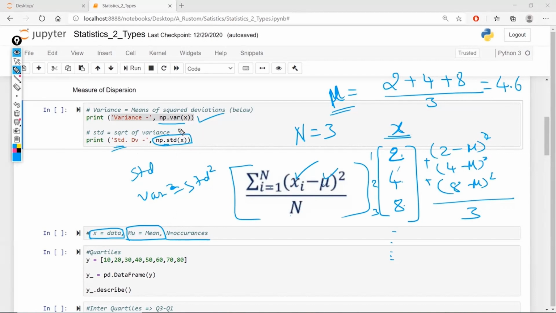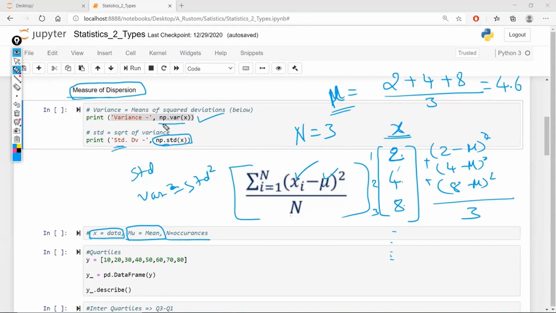So here we are trying to understand the measure of dispersion. Dispersion is basically how much data is dispersed from the mean, how the data is varying. What is the standard deviation? How much data is deviated?